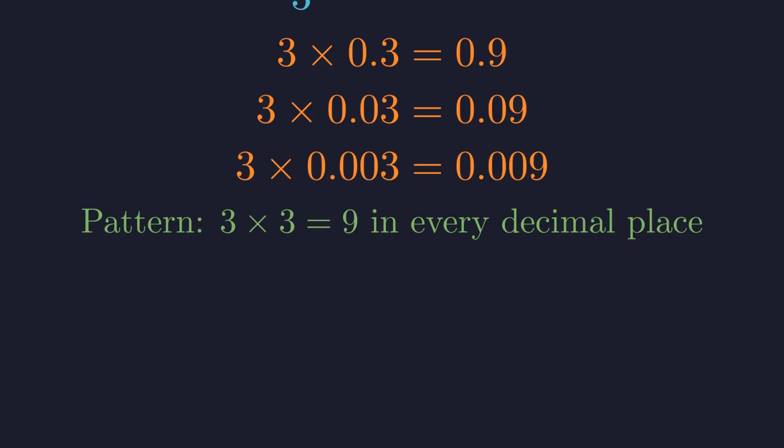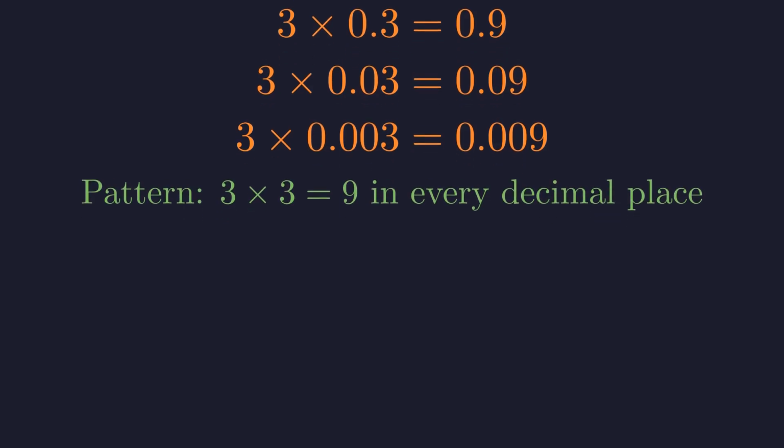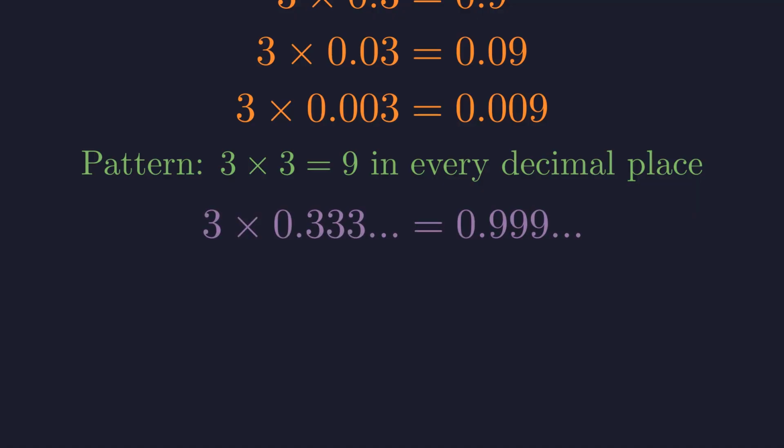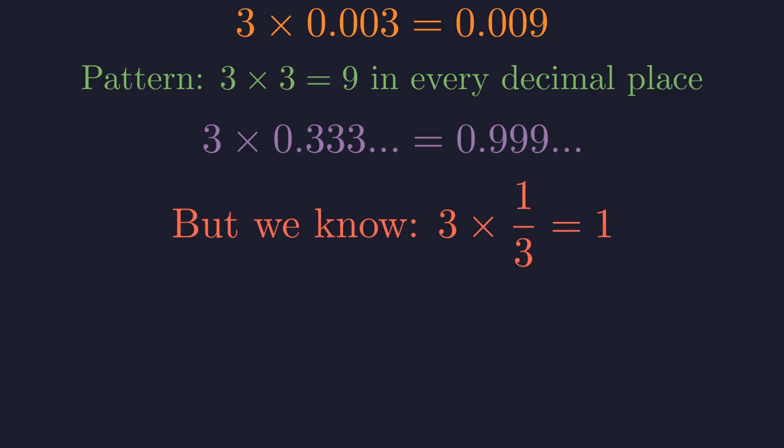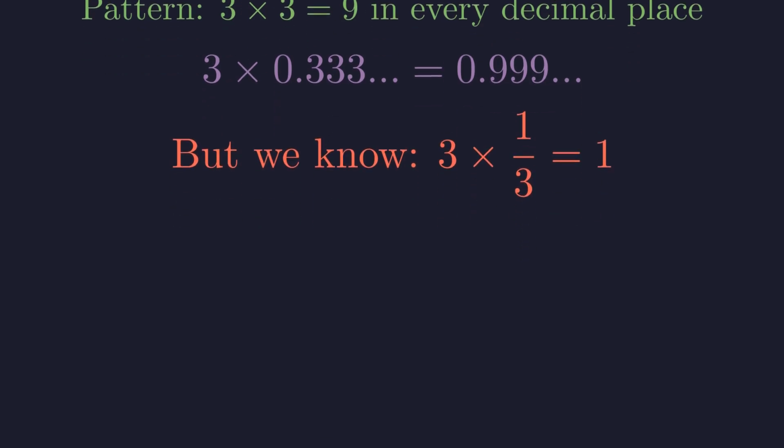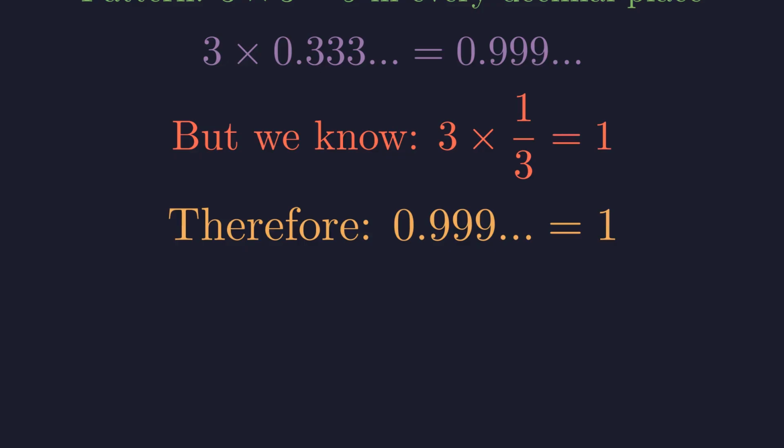The pattern is clear. 3 times 3 equals 9 in every decimal place. Therefore, 3 times 0.333... equals 0.999... But we also established that 3 times 1/3 equals 1. Therefore, 0.9999... must equal 1.